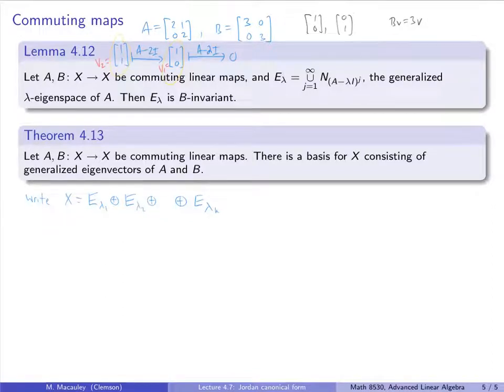And let's be clear that E_lambdaj is a generalized eigenspace of A, and these are all distinct eigenvalues. So now what we can do is apply Lemma 4.12. If we restrict B to any of these generalized eigenspaces, then because it is B-invariant, we can decompose each of these into generalized eigenspaces of B.